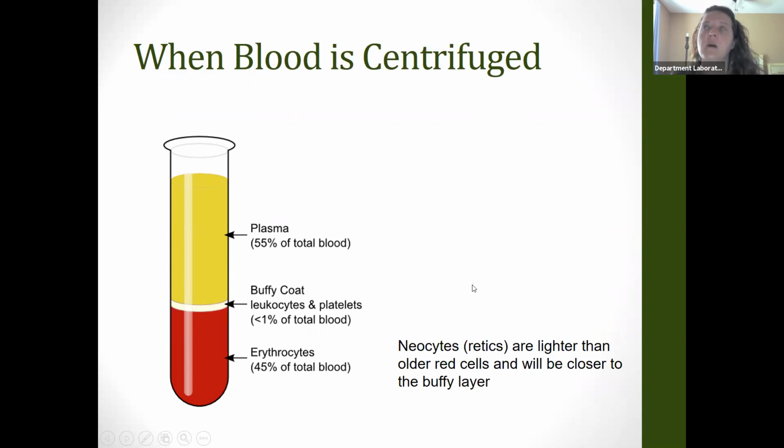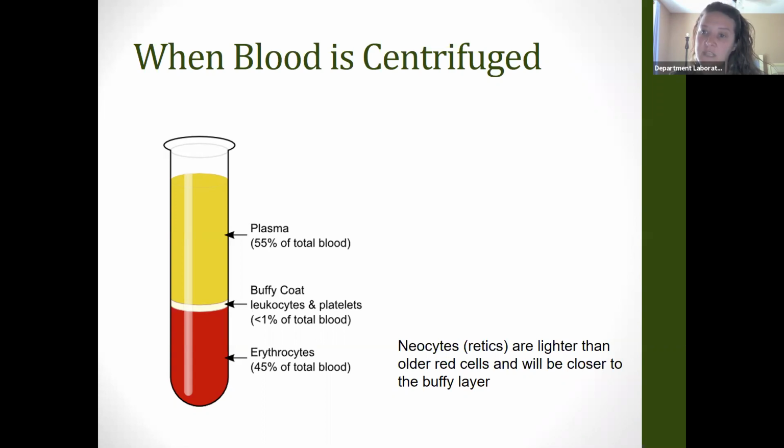Remember we talked about those patients that are sickle cell or thalassemia and are transfusion dependent, and they receive a lot of transfusions. What clinicians have started doing is using neocytes to transfuse those patients, which allows them to go longer periods of time, because neocytes survive longer in their circulation.